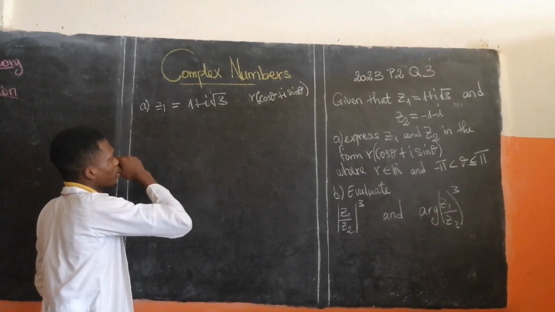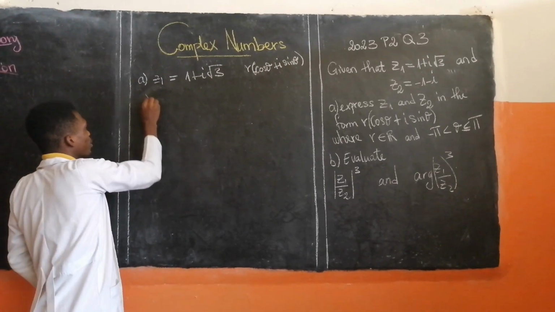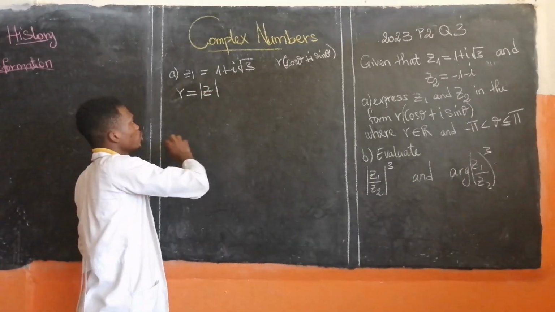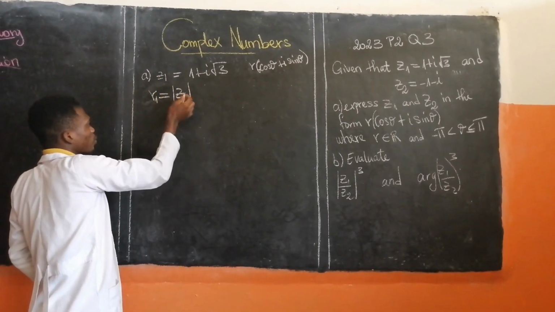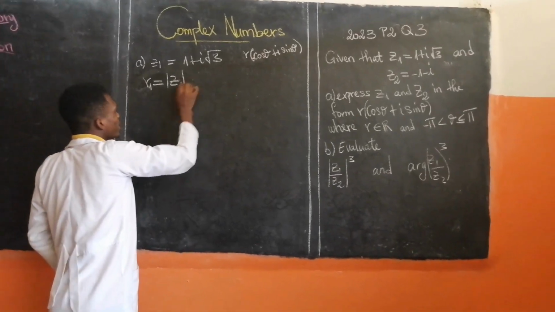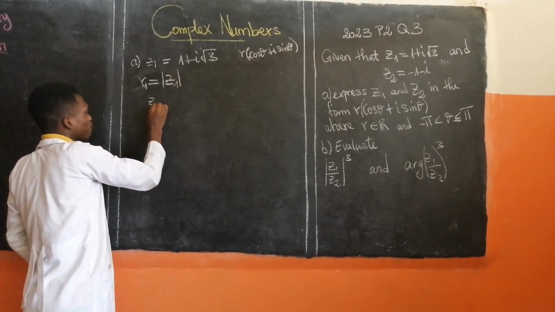Now what is R? We need to know that R is the modulus of the complex number. So R1 for Z1 is the modulus of Z1. Now how do we find the modulus of the complex number?